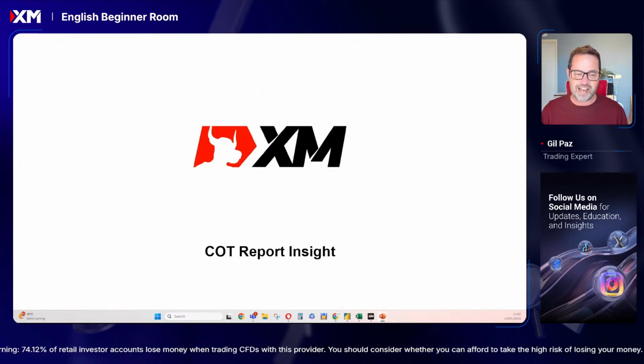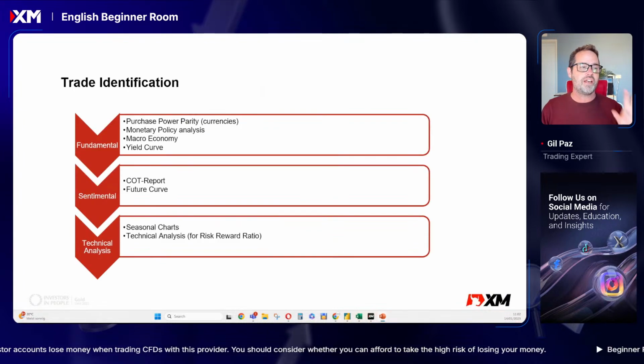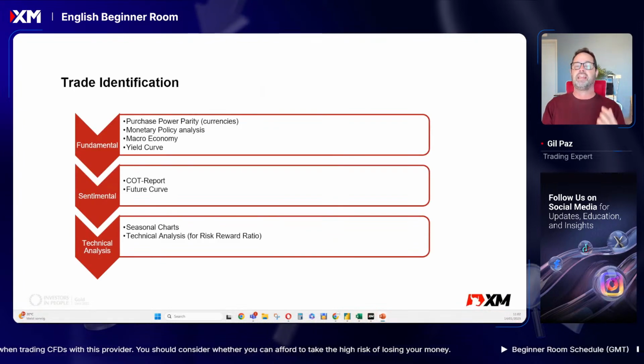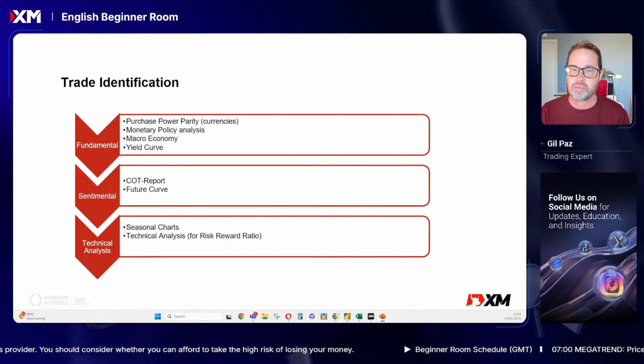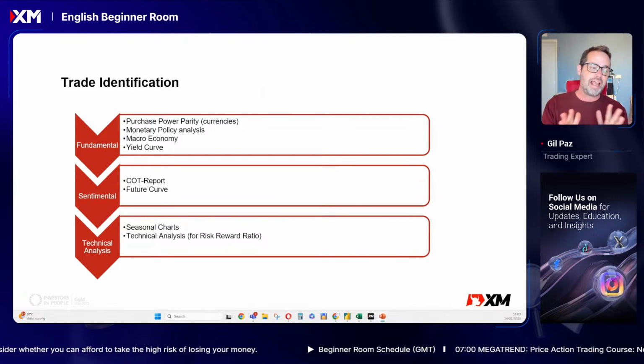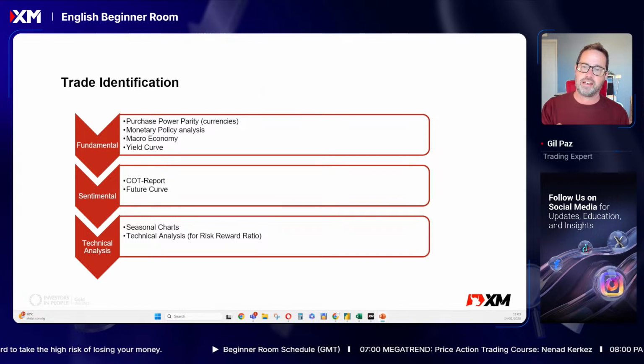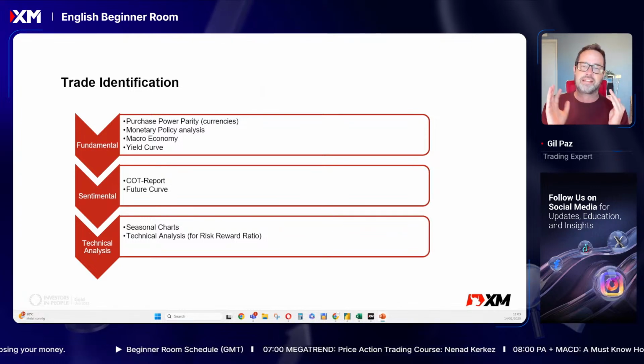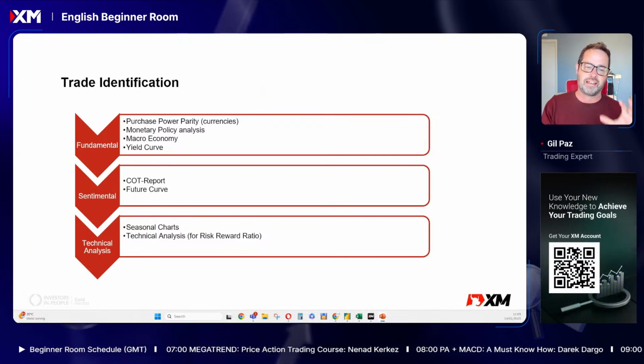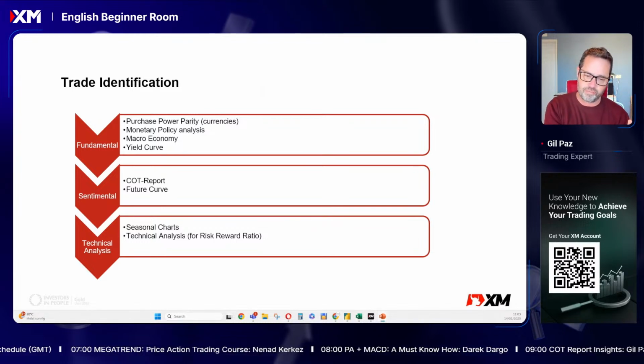COT report insights, that's the session that we are having. We are talking about my trade identification. So how do I analyze the markets? I am not a proper technical analyst. I started as a technical analyst, 100%.